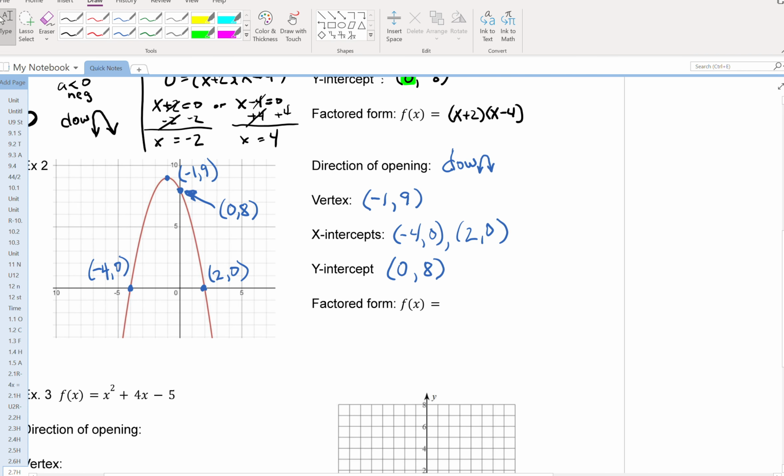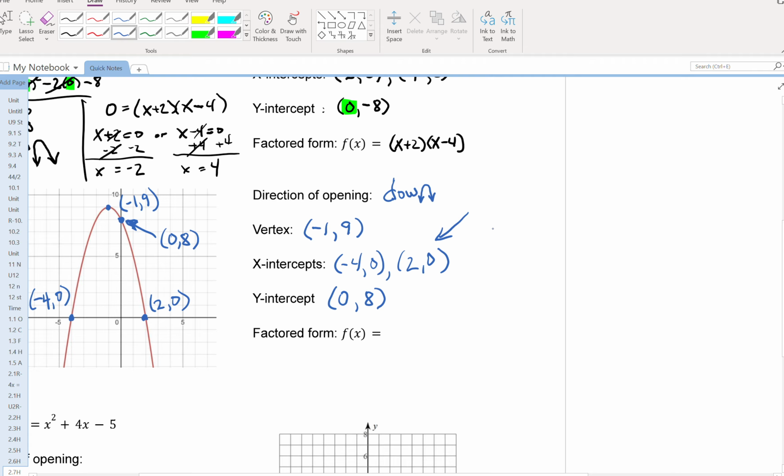So we're going to use those right there. And we're going to say, well, x equals -4. And then you kind of just go backwards. x equals -4, well, that's a plus 4 and plus 4. That means x plus 4 equals 0. So one of my factors is x plus 4.